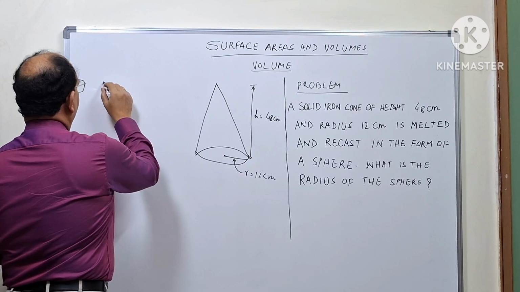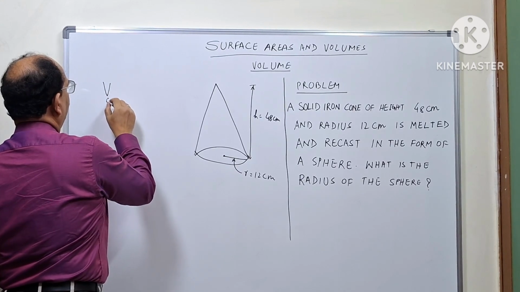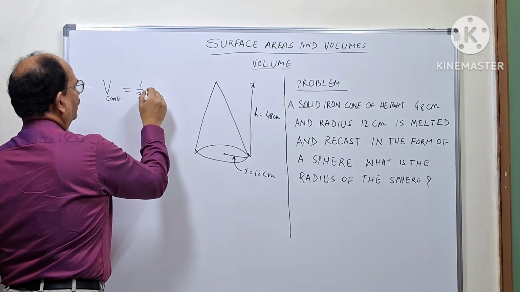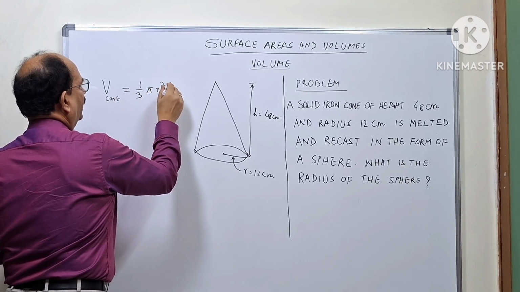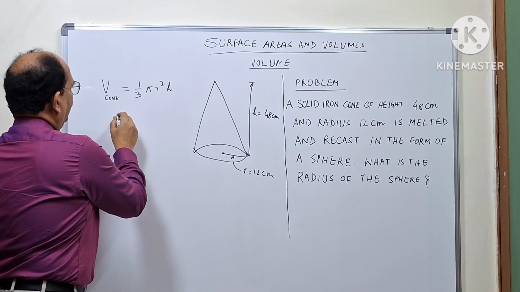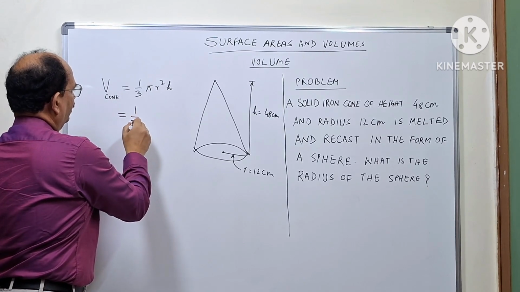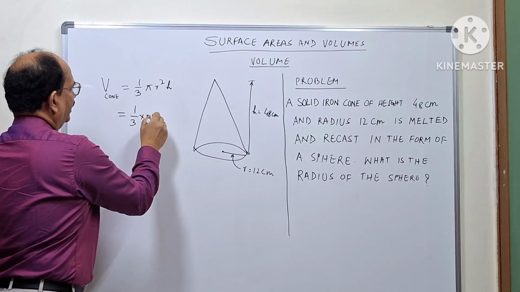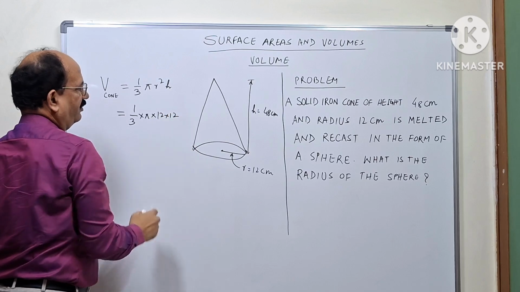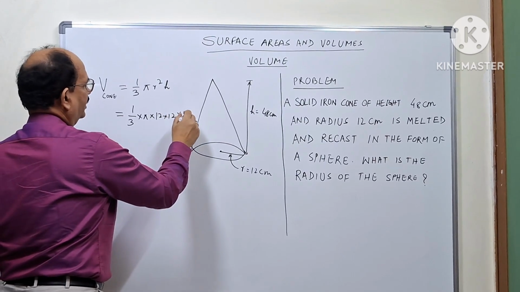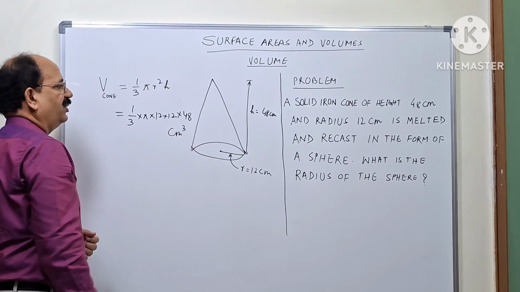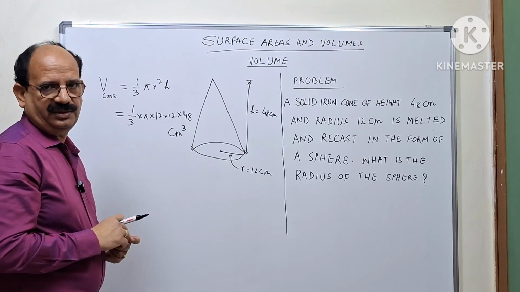Then the volume of the cone will be equal to 1/3 of pi r square into h, and this will be equal to 1/3 of pi into 12 into 12, and height is 48. So this much centimeter cube will be the volume of the cone.